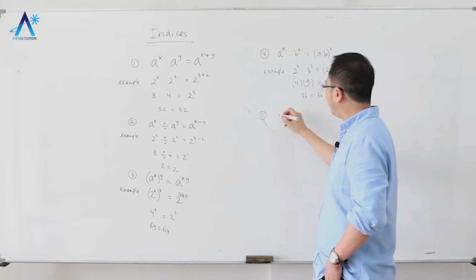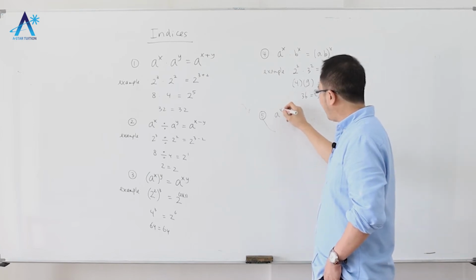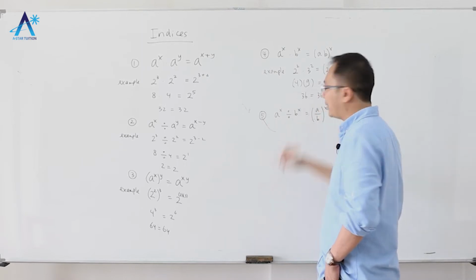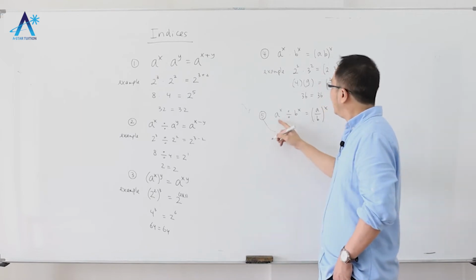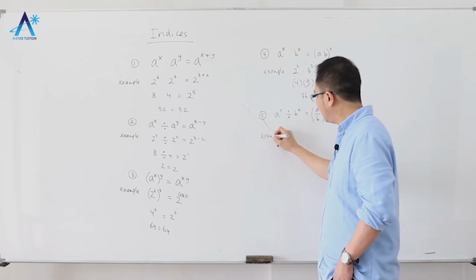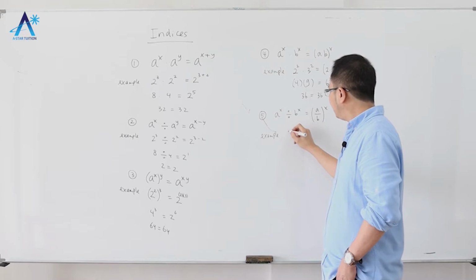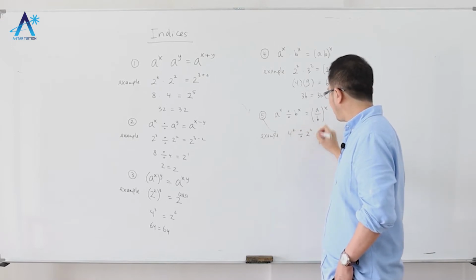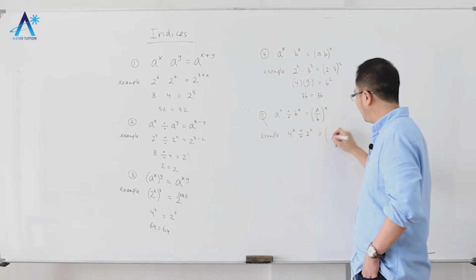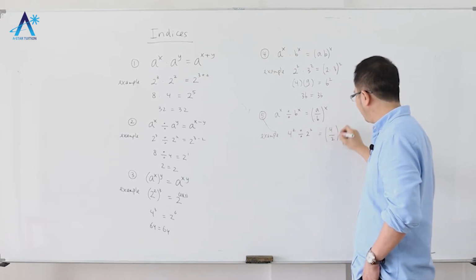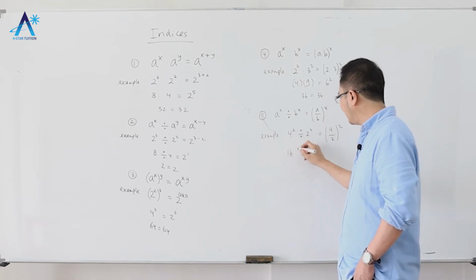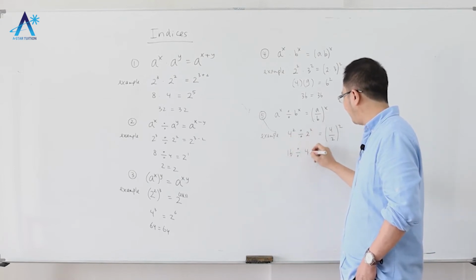Going forward, number 5. a to the power of x divided by b to the power of x is equal to a over b, to the power of x. Example, 4 squared divided by 2 squared is equal to 4 over 2 squared. 4 squared is equal to 16, while 2 squared is equal to 4.